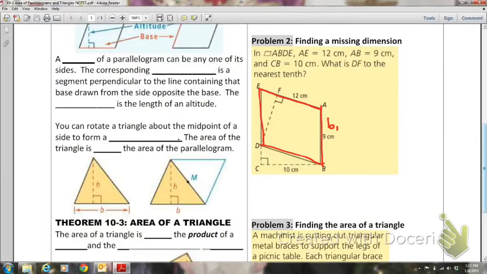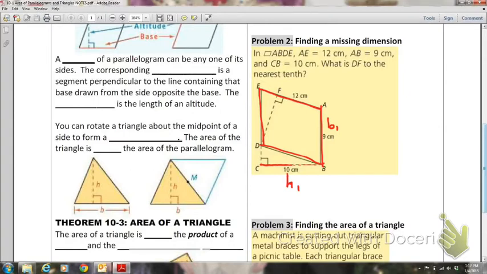If this is base 1, which one of these dotted line heights goes with that base? It's the one that's measured from that base to the opposite side. So the one that goes with it is the 10 centimeters. We'll call that height 1. Those go together.